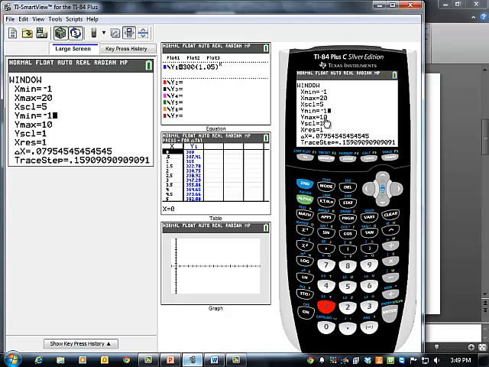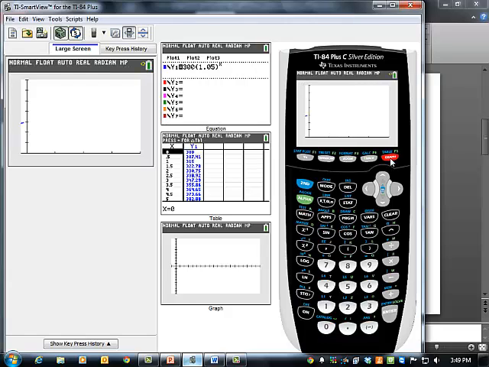And the y maximum, we know we need it to make up to $600, so I'm going to make it up to $700 just for fun. And our scale will be every $100. The rest of this, don't worry about it. You don't need to mess with that. Now, you should be able to see a graph that shows exponential growth.